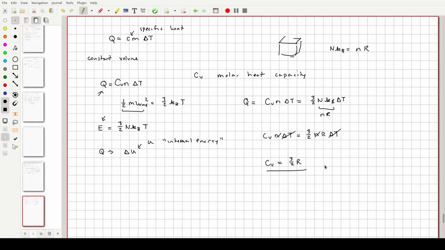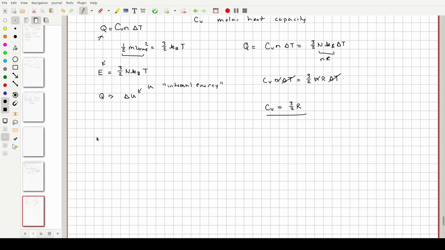Remember, hydrogen, helium, whatever, they're all treated the same. So this is, in general, for an ideal gas, what your molar specific heat, or your molar heat capacity, is going to be. Now, that said, let's talk about energy equipartition.